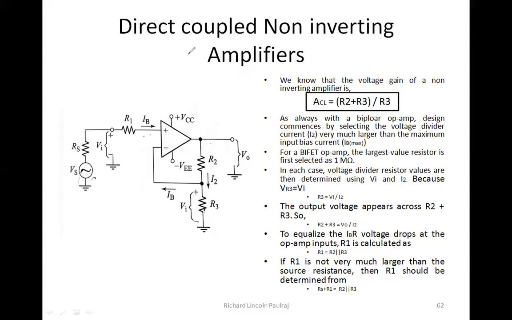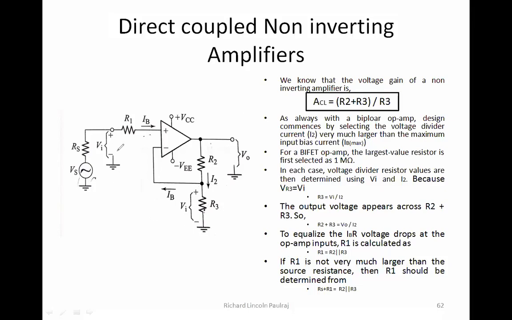So you can see that it is connected to the non-inverting terminal, and then we have the internal resistance Rs, and then the supply voltage, and then we have Zi here, which is the input impedance. Then we have plus VCC and minus VEE, R1 is here, so we have taken R2, R3, and the current here is the I2 current and VI.